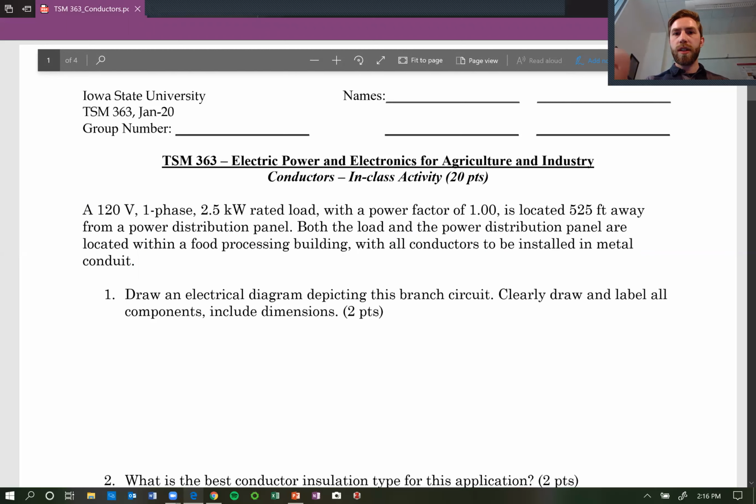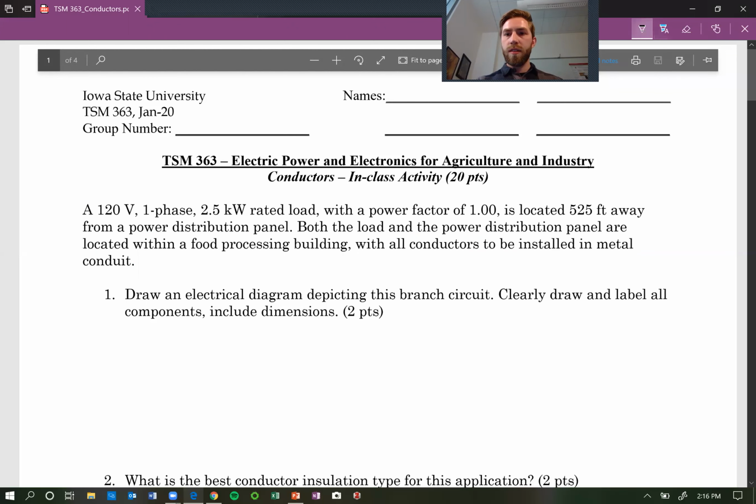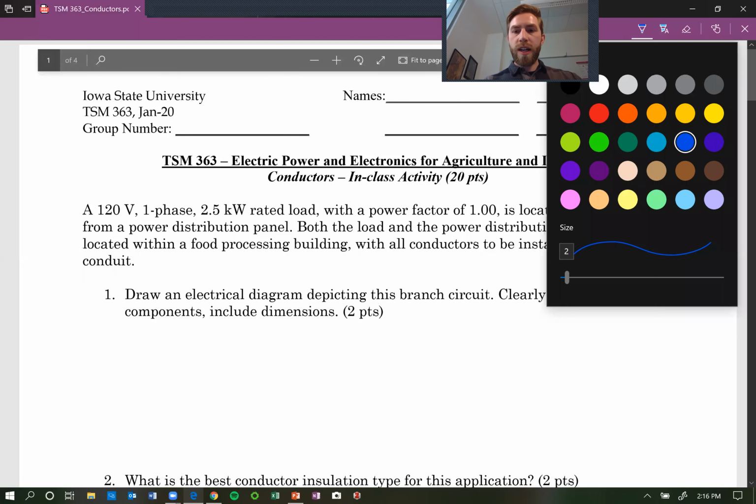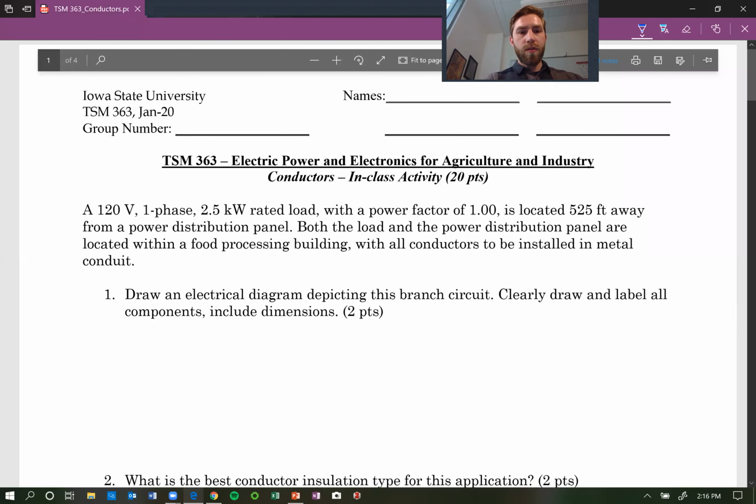So we want to draw the electrical diagram depicting the branch circuit, the circuit that is powering this single phase 2.5 kilowatt load. Clearly label all the components, including dimensions. And so we had a dimension of 500 feet and 25 feet.